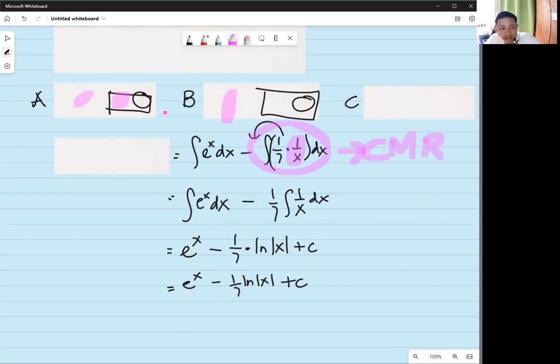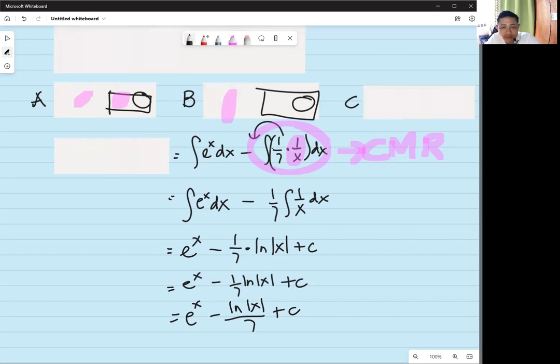Okay? Is this what you mean ba? Or it could also be like this po, e raised to x minus ln x over 7 plus c. Is this what you mean ba? Yung minultiply mo siya at the end?